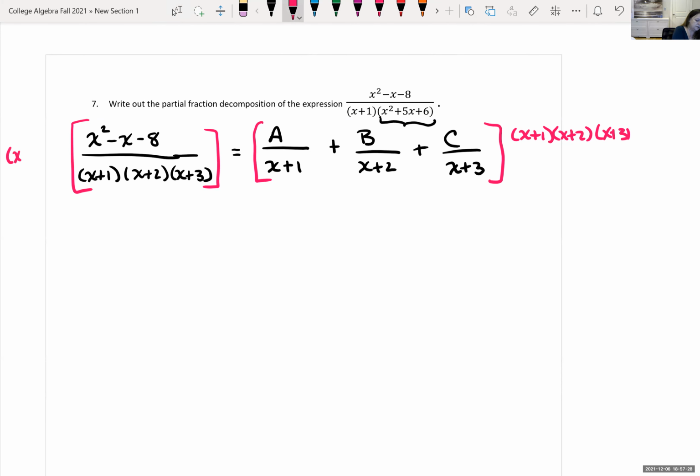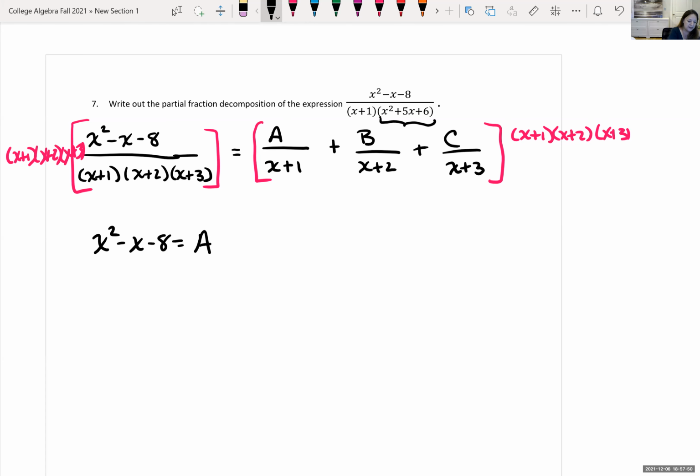So x plus 1, x plus 2, x plus 3. So on the left, we're left with x squared minus x minus 8 is equal to, well, when we distribute, the x plus 1 is going to cancel when we first distribute it for the first fraction.